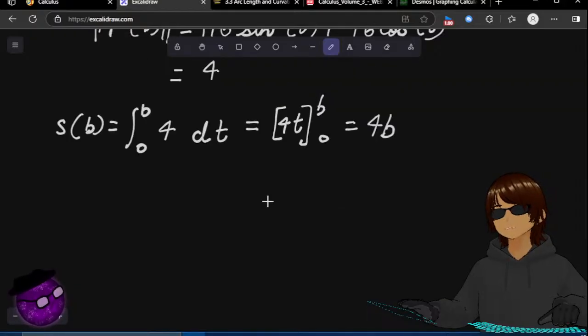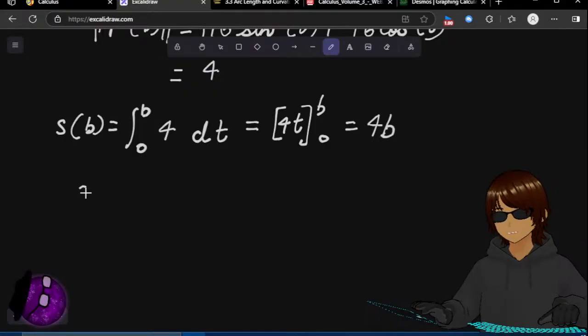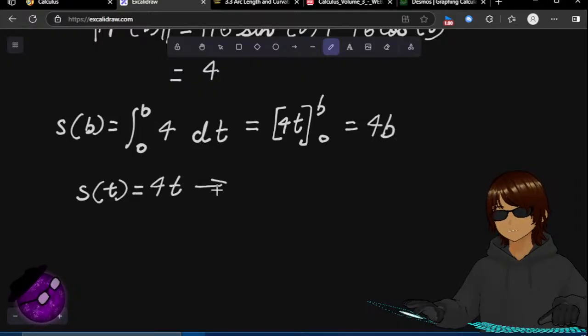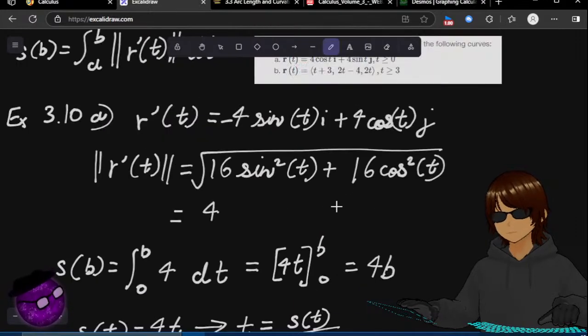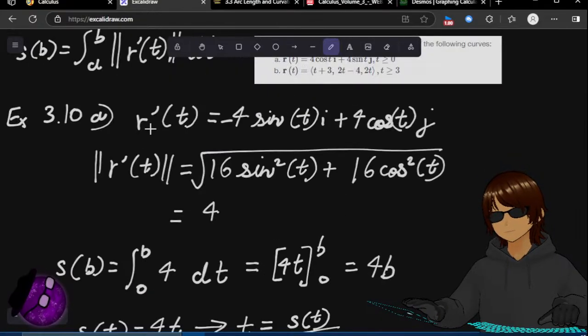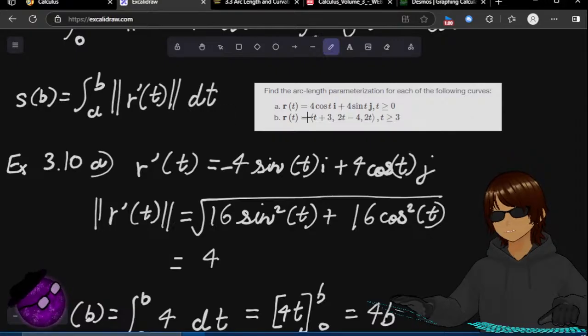So wait, if we input t here, we get 4t, which means t is s over 4. And then what?